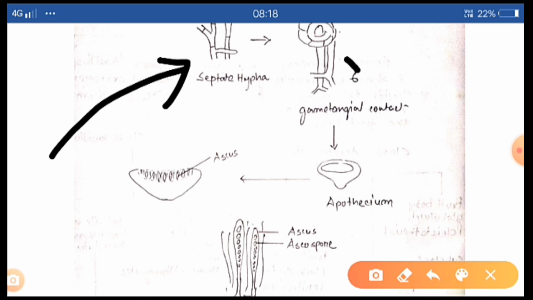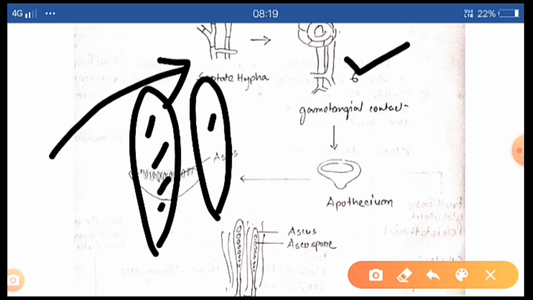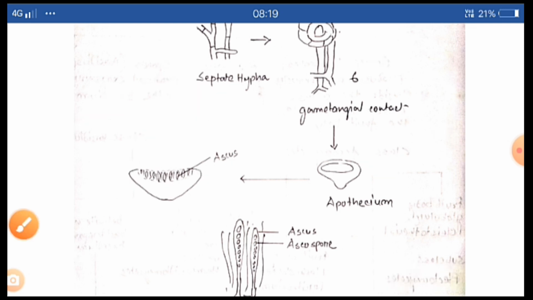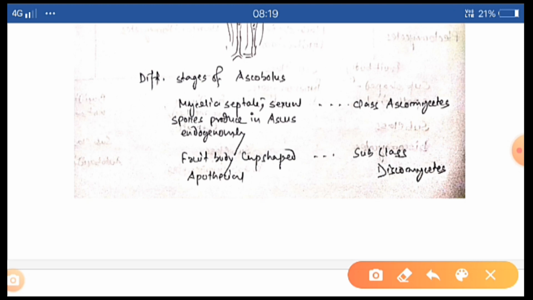These are the sex units, male and female, and they produce ascus and ascospores, and these asci are kept inside a cup-like fruit body called apothecium. Since the fruit body is cup-like, apothecial type, it will be placed under the subclass Discomycetes of the class Ascomycetes.